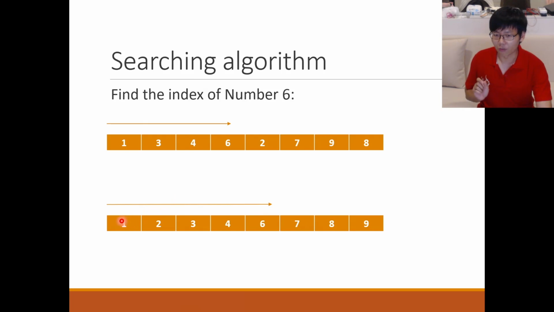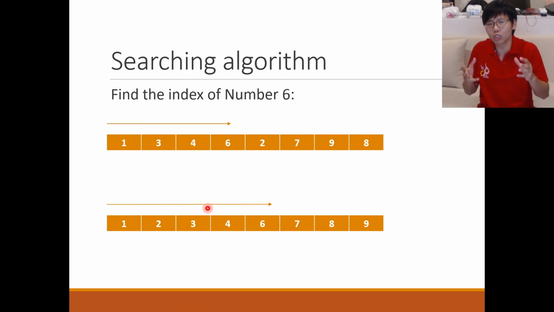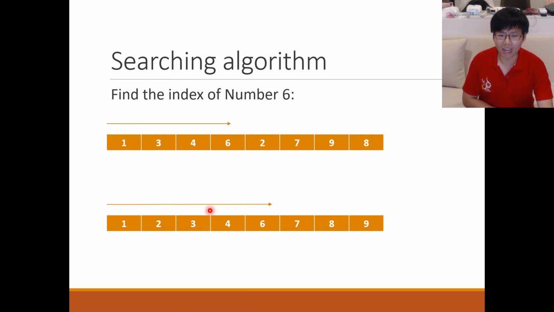If we keep searching that way and the number is a big number in that data structure, or on the back end of the data structure after sorting, then it's going to take much longer than it should. So in this case, we should have better algorithms to take care of this. The way we're going to do it is to use searching algorithms that are normally designed and made specifically for sorted data structures.